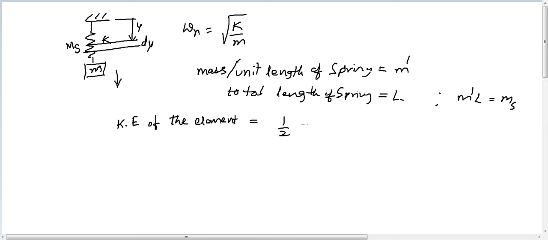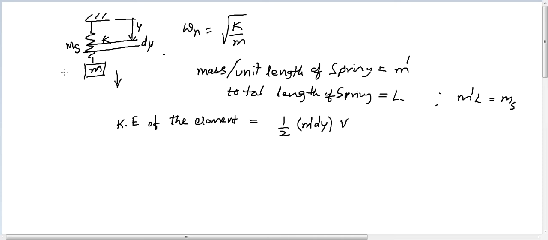The mass of the element is nothing but m dash, the mass per unit length, into dy, where dy is the length of the element, into the velocity of the element. But we want to find the velocity of the element.